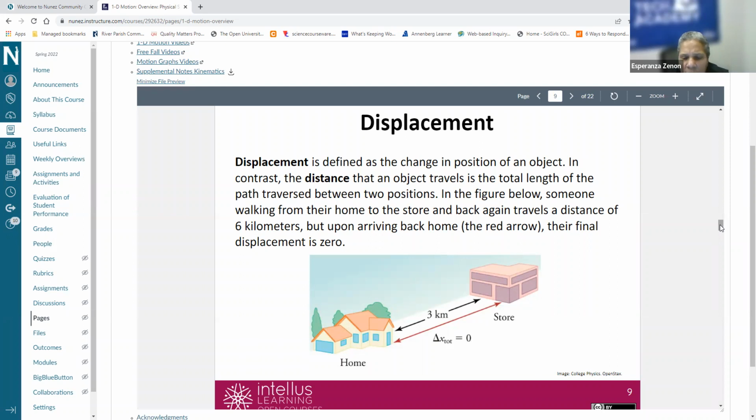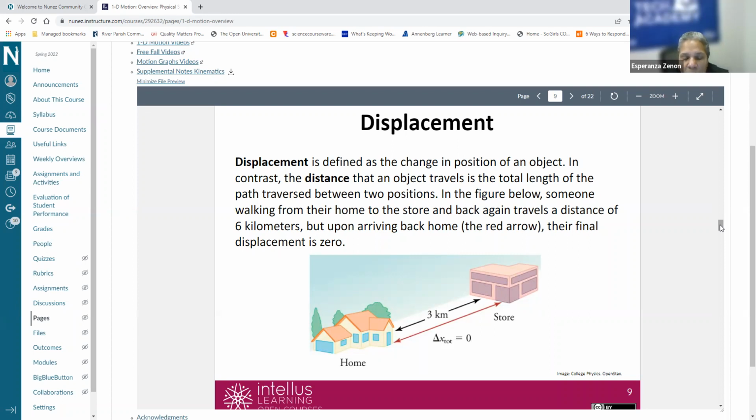Okay, so to give a nice example here, home and the store. If a person walked from their home to the store, they would have a displacement of 3 kilometers, and technically in this case, call it, say, forward, because a displacement does have a direction on it, but we're not quite ready for that.